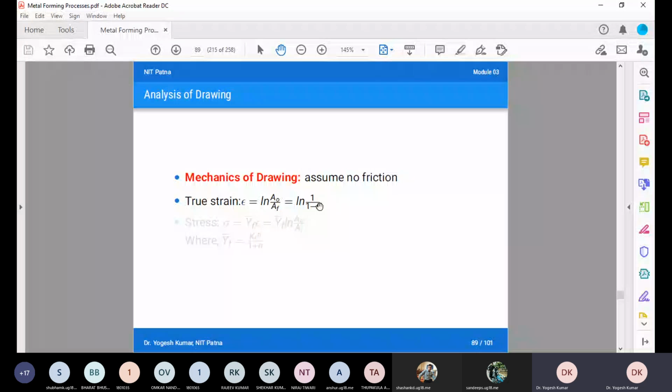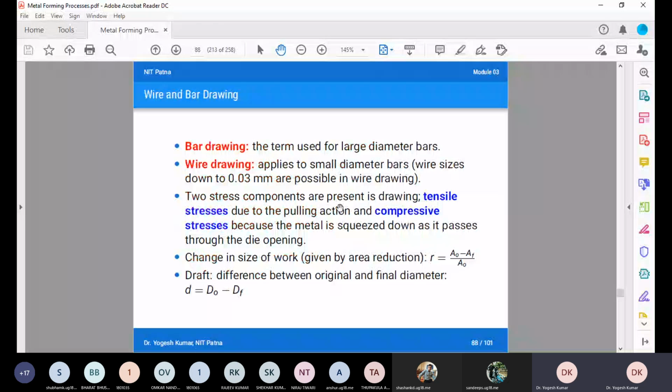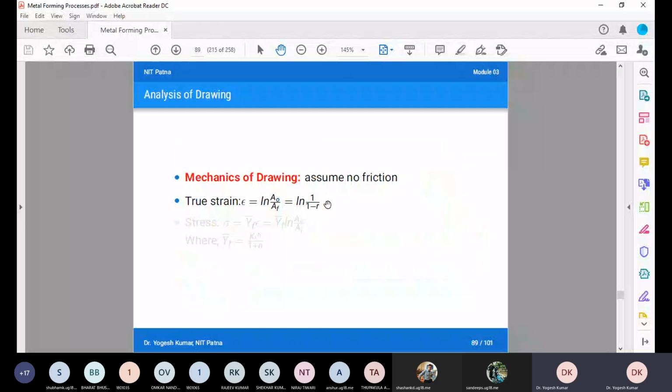If you remember, the value of R is AO minus AF upon AO. So if you put this value here, it will come to AO upon AF. So the true strain is epsilon equal to natural log of AO upon AF, which is again equal to natural log of 1 upon 1 minus R.